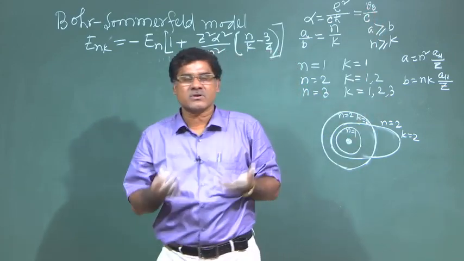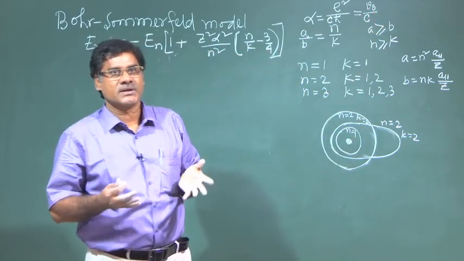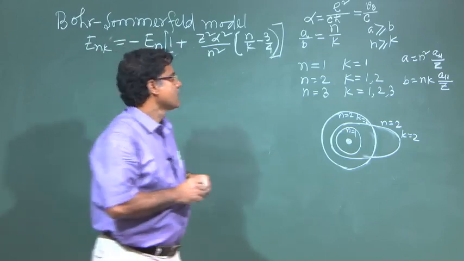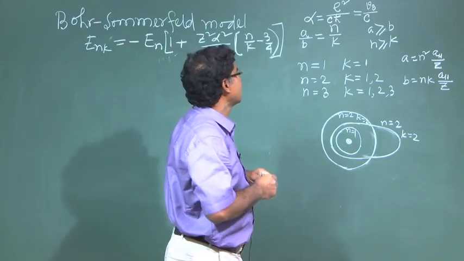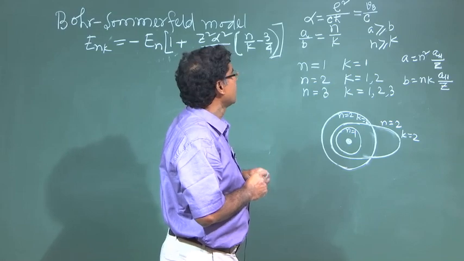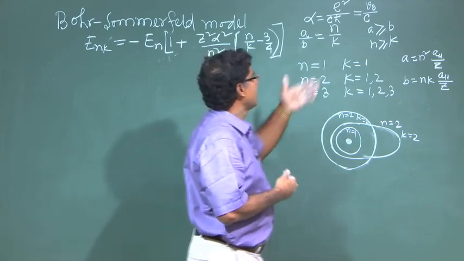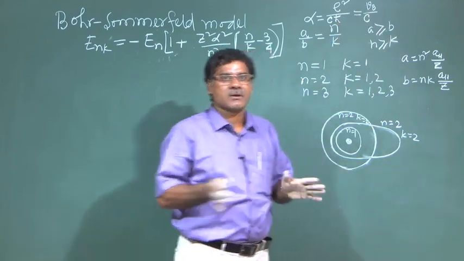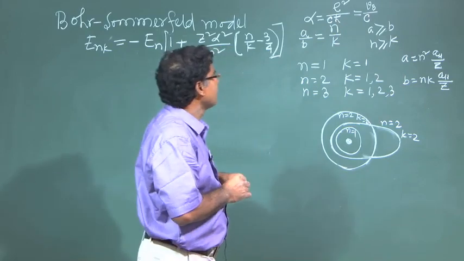That is again constant all the time, a universal constant. Bohr orbit is taken as a universal orbit, it cannot change.